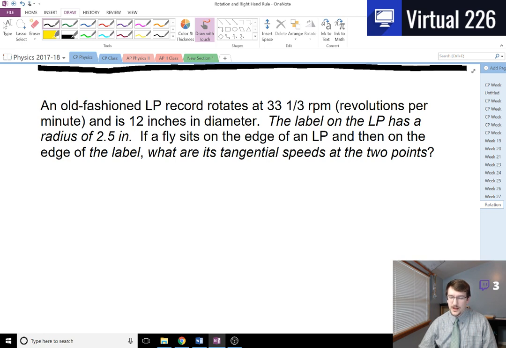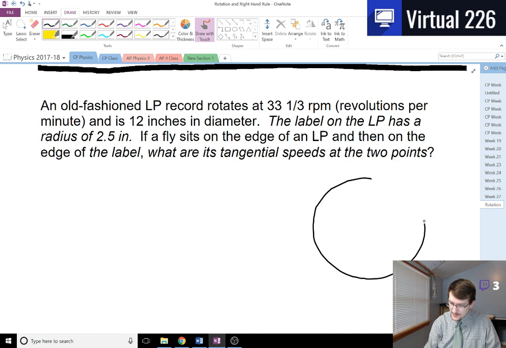It is a 12-inch diameter disc. These things are big if you've ever picked one up. Maybe your parents or you have one sitting around. They have a diameter of 12 inches.